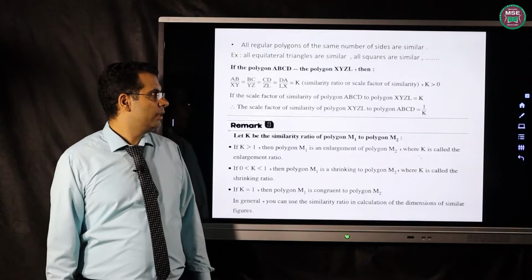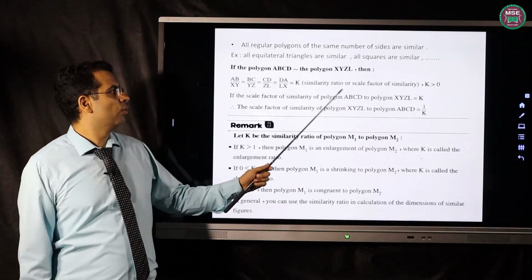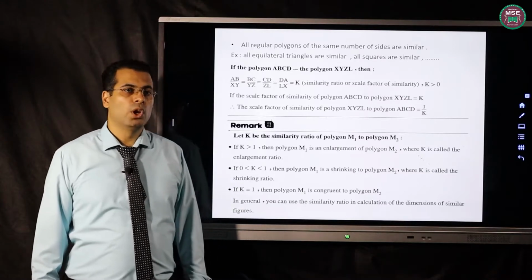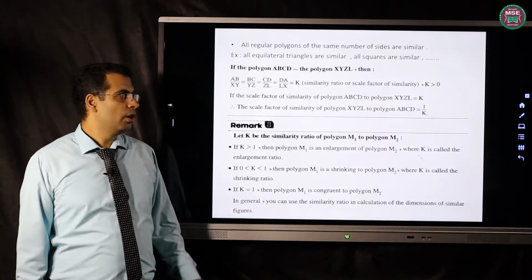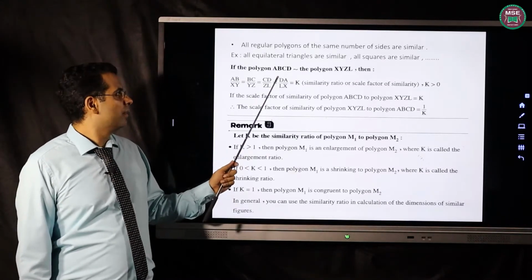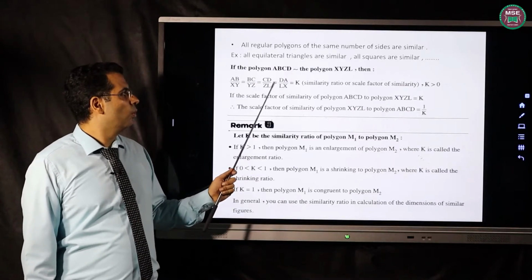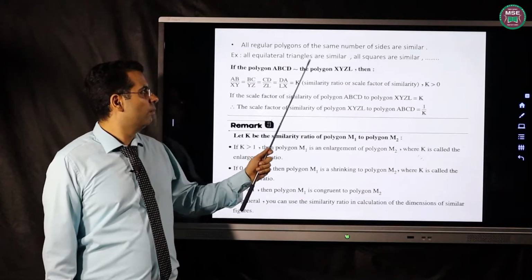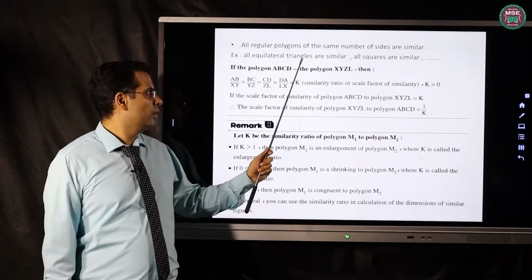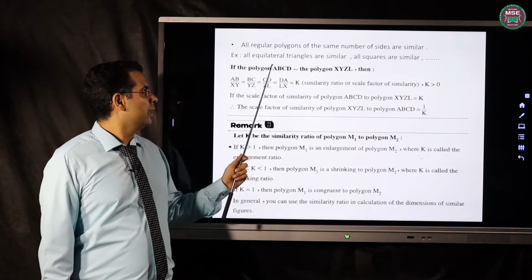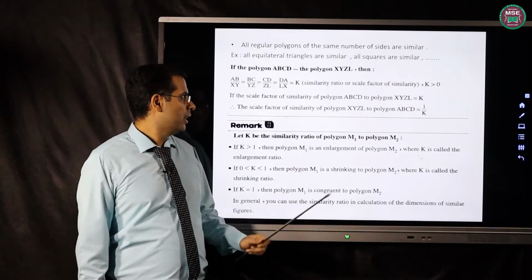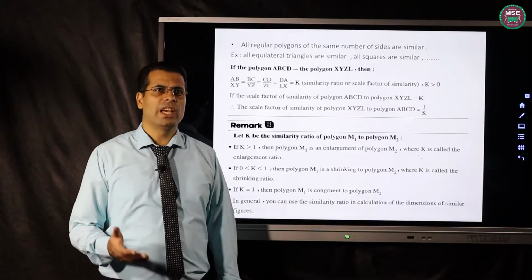If polygon ABCD is similar to polygon XYZL, then the corresponding sides are proportional. We can take the corresponding sides from the letters. The first two letters, AB over the corresponding side XY, equals BC over YZ equals CD over ZL, and taking the first letter and the last letter, DA over LX equals K, such as 2.